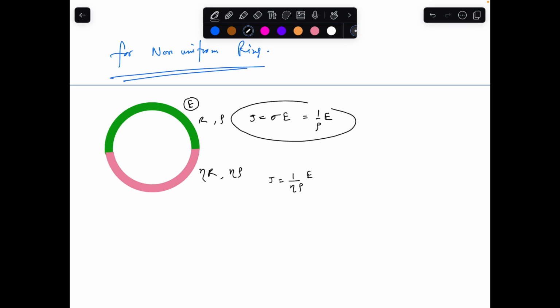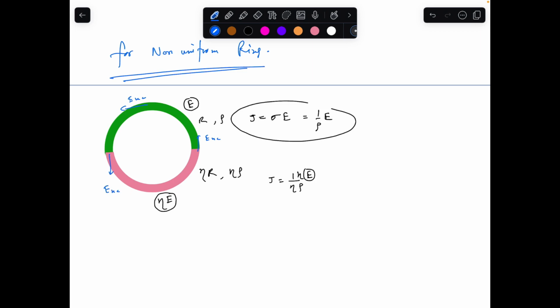That means here J is constant throughout. That means here the electric field is not E. It is eta times E. So above, if the electric field is E, below the electric field will be eta times E. So now there is a change in electric field. But we know that due to the non-conservative field, ENC is the same throughout, correct?